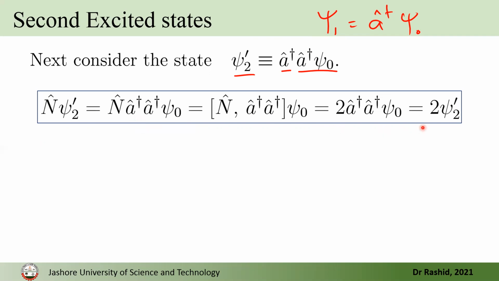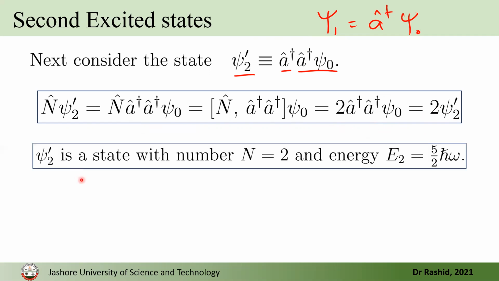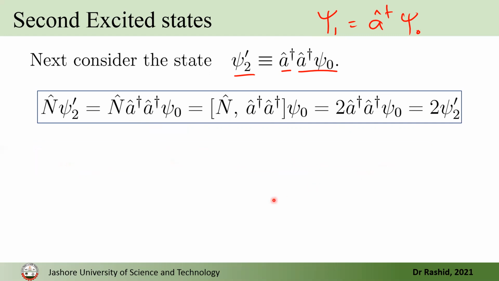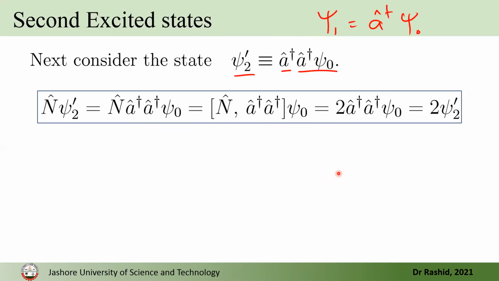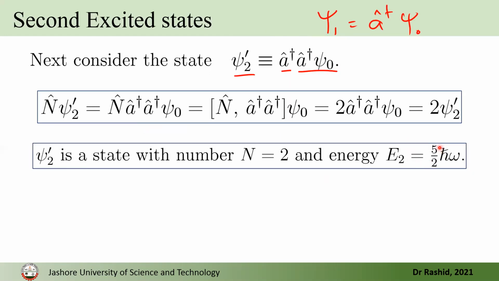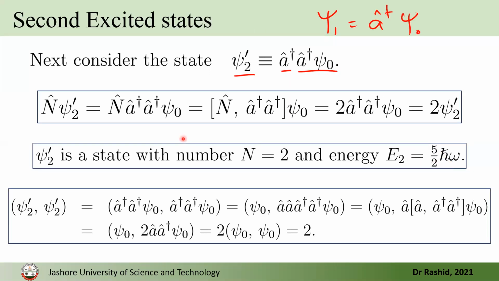You will get 2 psi 2 prime. So the eigenvalue when the number operator acts on psi 2 prime is 2. That is, the energy for the second excited state can be calculated from the previous equation that we did here. This becomes 5/2 h cut omega.